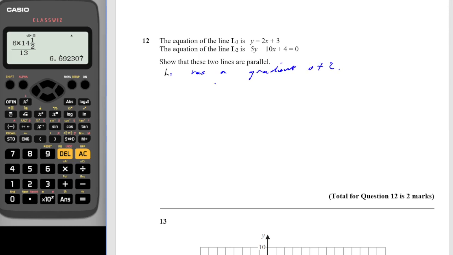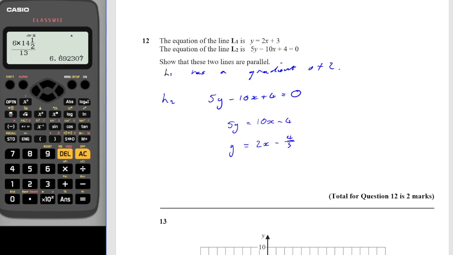And then if we look at L2, 5y minus 10x plus 4 is equal to 0. Technically I don't need to rearrange it other than to prove that they're parallel, not the same line. So we'll do that anyway. 5y is equal to 10x minus 4, and then divide both sides by 5, we get y equals 2x minus 4/5.